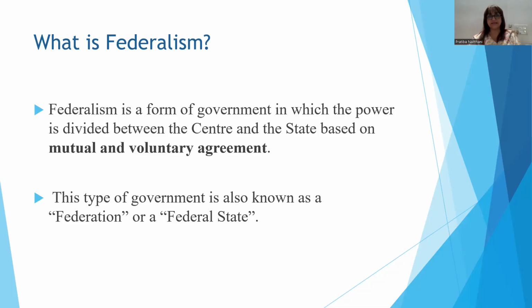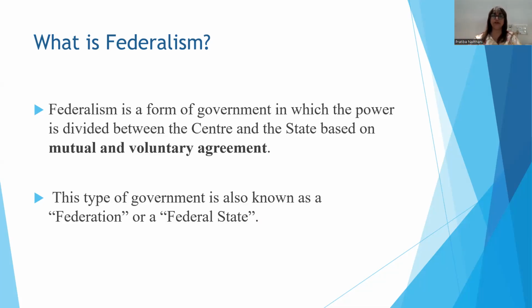That means the central government accepts the existence and sharing of power with the state governments, and the state governments accept the existence of the central government as the central authority and the sharing of power with the center. To what extent these powers will be shared between the center and the state depends on a number of factors, which we will discuss in the next slide.